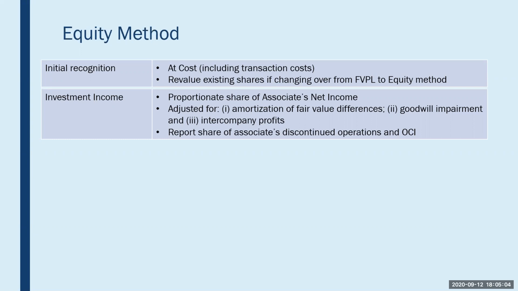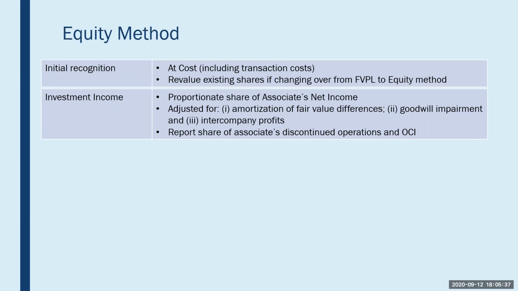It's also important to note that the investor must report its share of the associate's discontinued operations as well as other comprehensive income, and each of those amounts must be reported in the appropriate category. So if the associate reported discontinued operations, the investor will report its share of the discontinued operations profit or loss under discontinued operations.